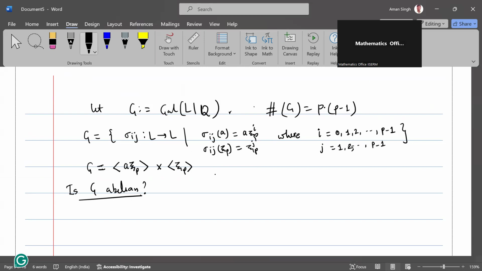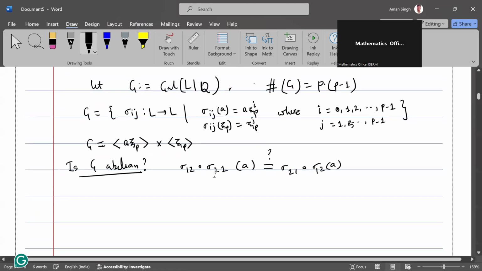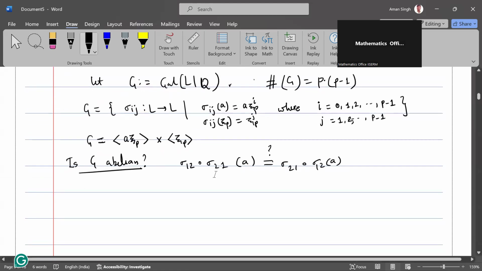Take two elements, for example, sigma 1 2 and sigma 2 1, and let's evaluate on A, and we should have equality here. Sigma 2 1 first, and then sigma 1 2. If this is violating the rules, then G is not abelian, of course.